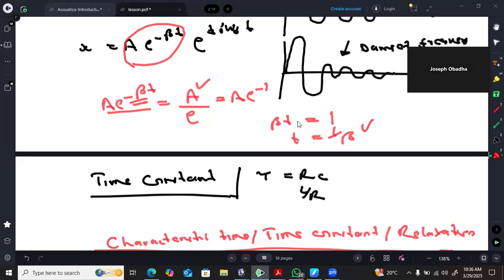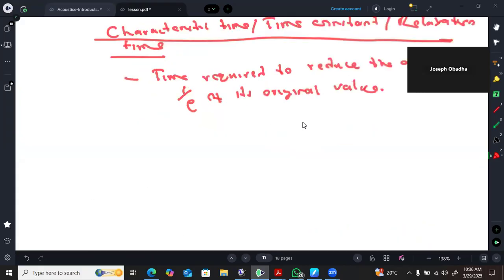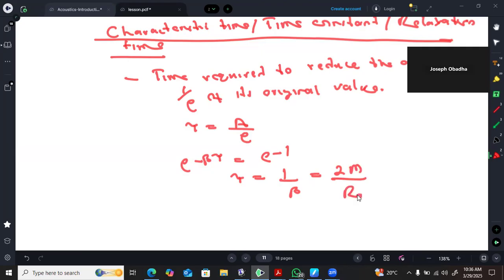So we can say that the time constant or relaxation time, tau, is such that the amplitude is A over e. Or we have e to the minus beta tau equal to e to the minus 1. Or we have tau equal to 1 over beta, which is actually equal to 2m over Rm.